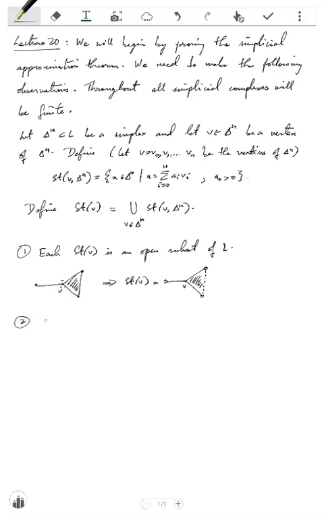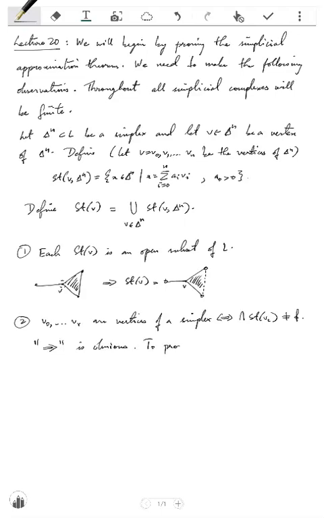The second observation we want to make is: v0 up to vr are vertices of a simplex if and only if the intersection of the stars of v_i is not empty. One direction is obvious. If the v_i's are vertices of a simplex, then the intersection of their stars is not empty.